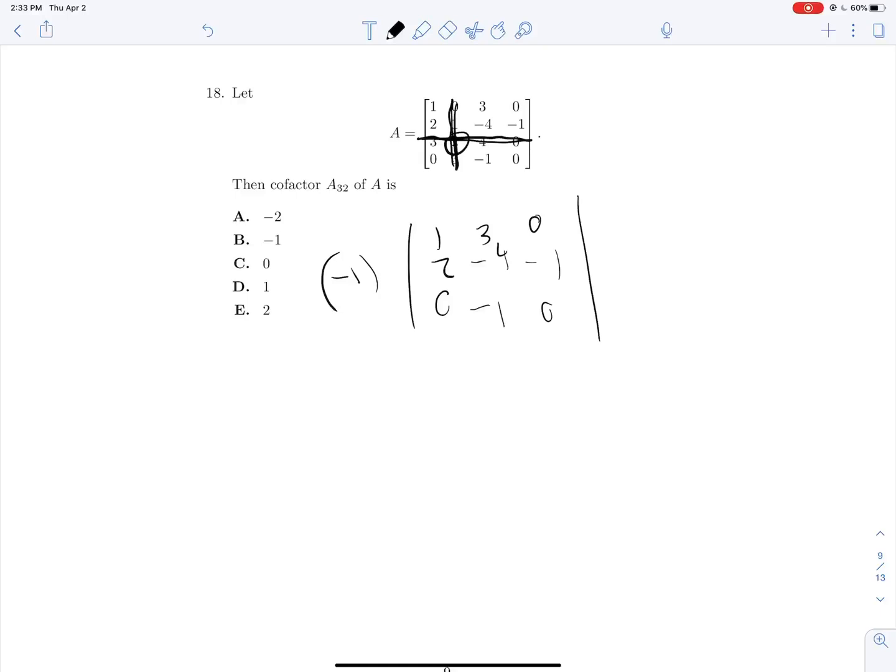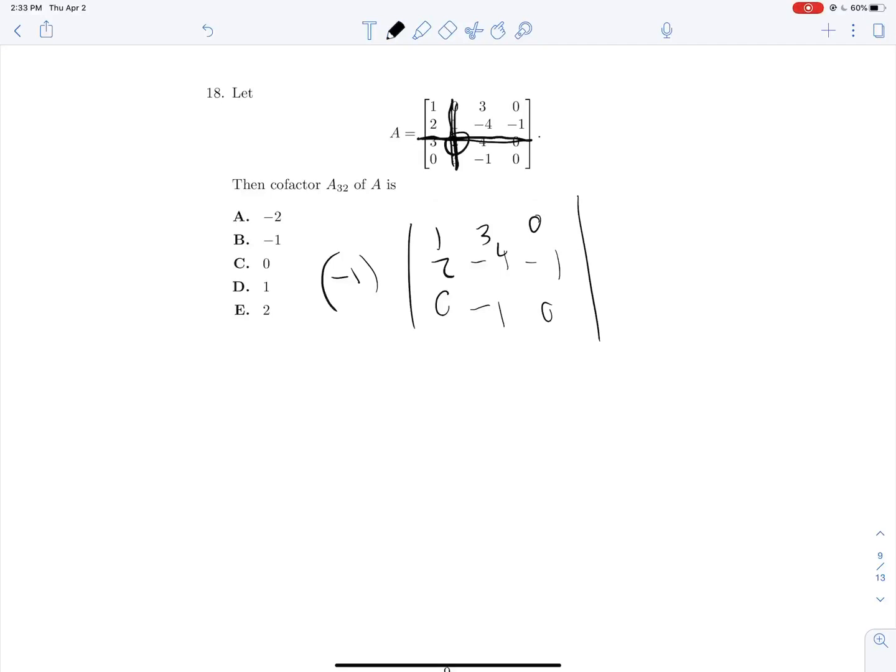Now we can expand this further by noting that we have a -1 in a row and column all by itself, and so we can see that this -1 has a sign of -1.